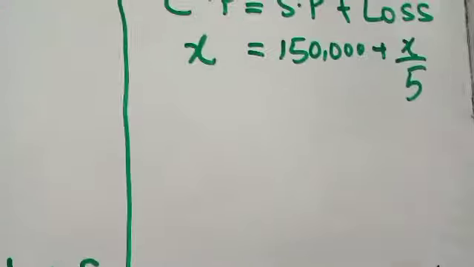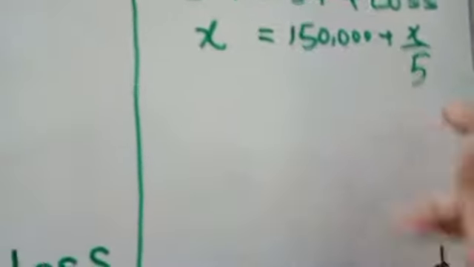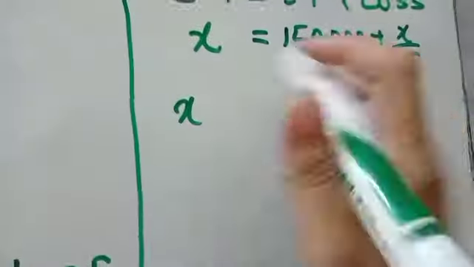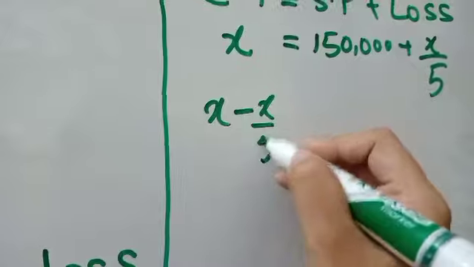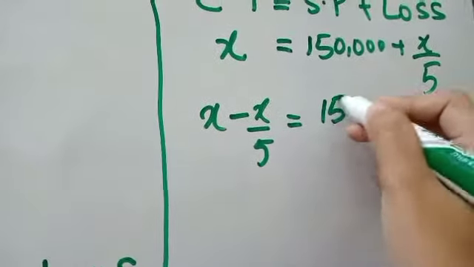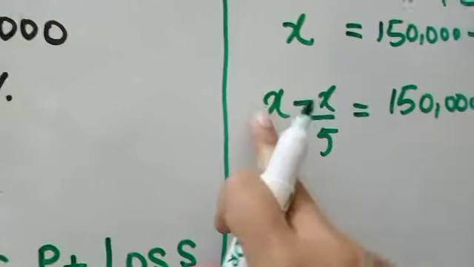Now after substituting the values, I will bring X on one side of the equation. X is in plus, I will shift this to this side and it will become minus. X minus X upon 5 is equal to 150,000.